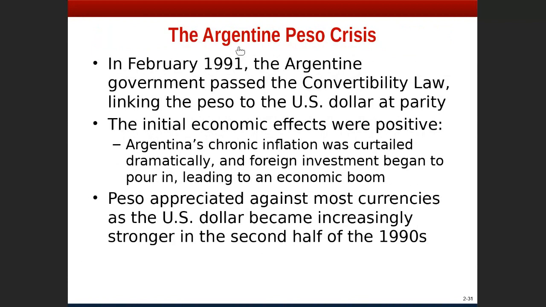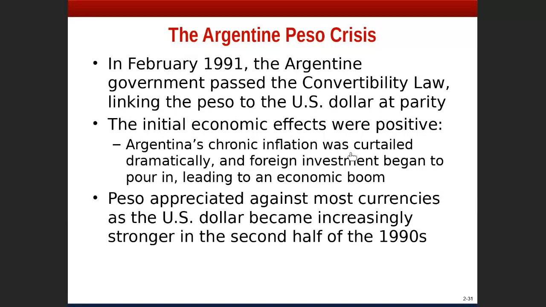Now, what about the Argentine peso crisis? Well, in February 1991, the Argentine government passed the convertibility law, linking the peso to the US dollar at parity. That is, one peso was set equal to one US dollar. Now, the initial economic effects were mostly positive.